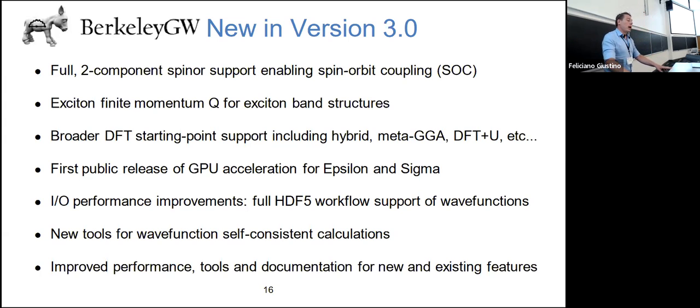We have new tools, and I think we're going to talk about this in the hackathon as well, to facilitate the wave function self-consistent calculation. And as well, we have improved performance, we have improved the tools, we have improved documentation, and as usual, fixed many bugs that were present in the previous release.